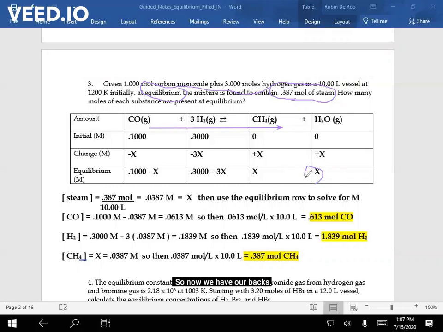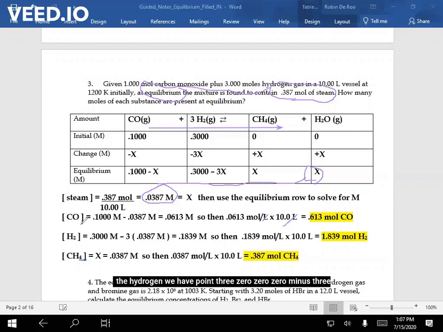So now we have our x. Now we just have to use our equilibrium row to solve for everything else. So the carbon monoxide, we're going to take the 0.100 minus x. This is our x. That gives us 0.0613 molar. And then we need to multiply by the liters because the question is asking for moles.